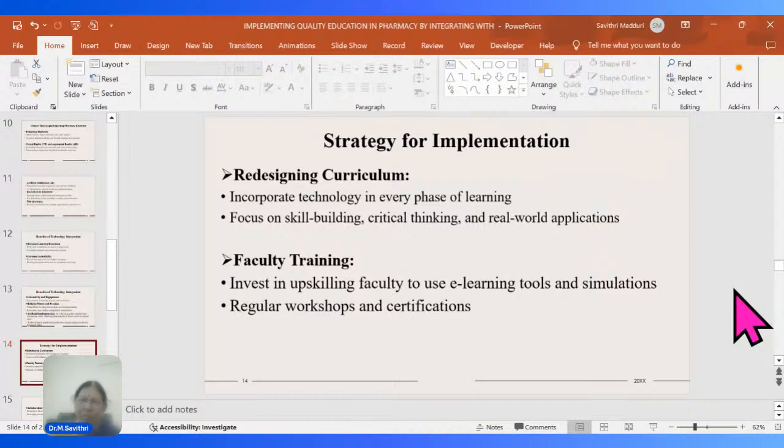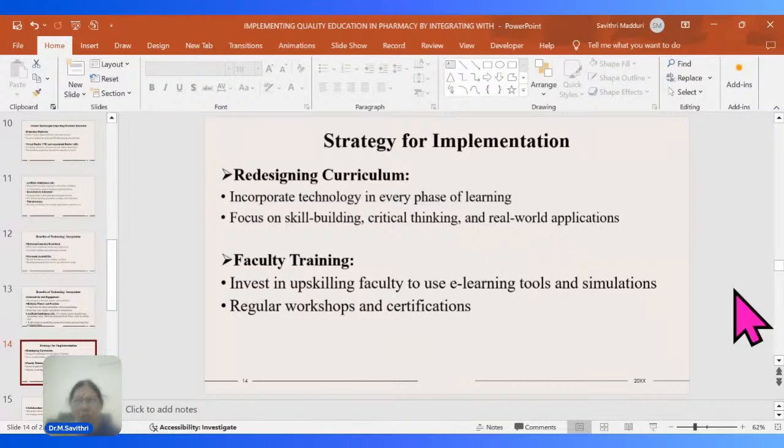For example, take students going to hospital, right from taking the history of the patient; everything has to be designed properly, and the technology has to be incorporated in every phase, step by step.